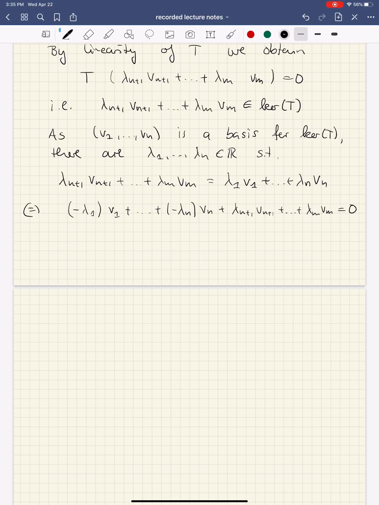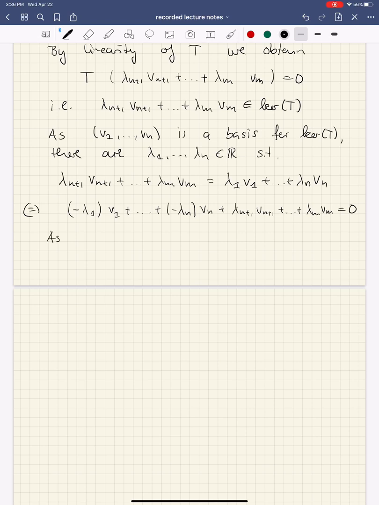But what did we choose these v's to be? They were a basis. So in particular, v1 through vm, the whole thing, is linearly independent. So if we find such a linear combination in v1 through vm being equal to 0, this can only happen if all the coefficients are 0.